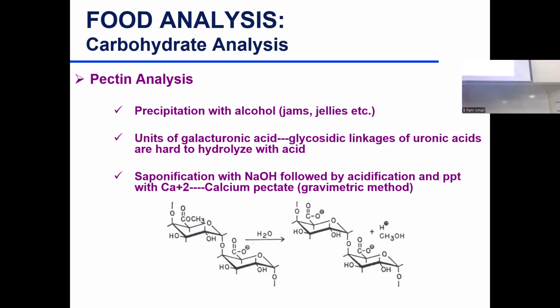You deesterified from the glycerol backbone. So here you just deesterify the methyl groups and all of your units will not be methylated anymore. Then you can acidify and precipitate. All of these carboxyl groups will be protonated and you precipitate with calcium pectate.